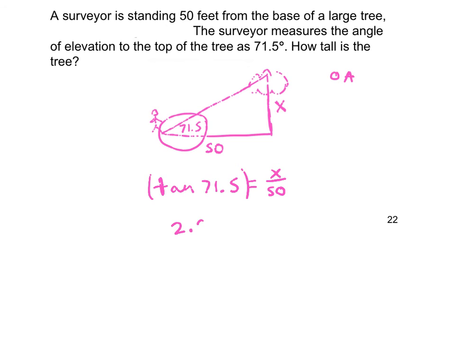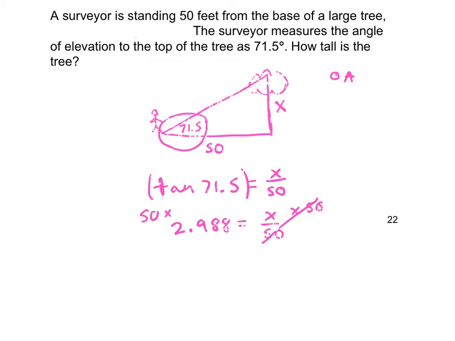So 2.988 is equal to x over 50. How do we solve for x? Multiply both sides by 50. So it'll cancel out there, and we have 50 times 2.988.